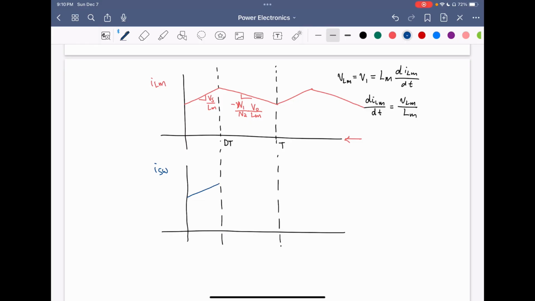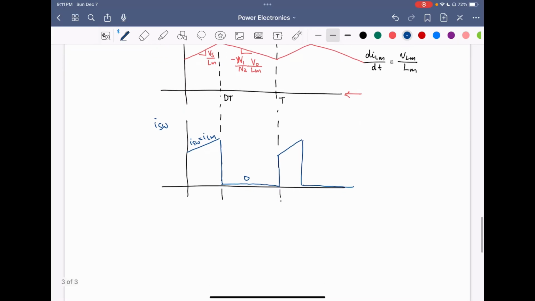And then in the D prime T interval, it turns off, so it's going to be equal to 0. And then once again, it will repeat like so. So I switch equals ILM in the DT interval, and is equal to 0 in the D prime T interval.